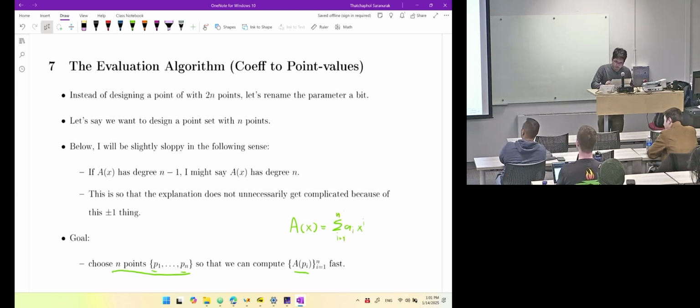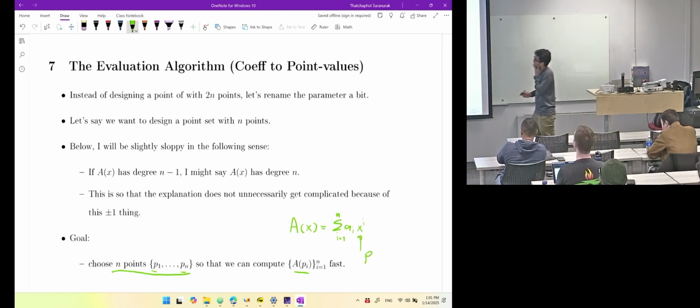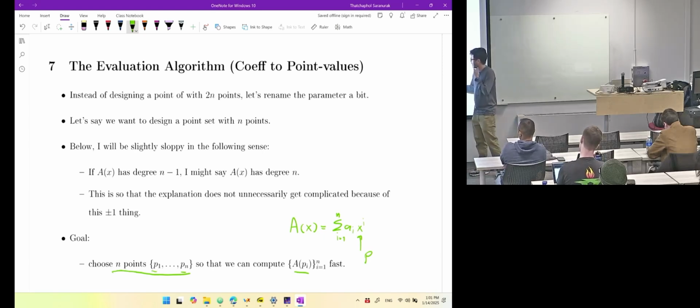If I want to evaluate this when x is some point p, if you do it not carefully, just term by term, each term might take you n operations already, and there are n terms, and that's n squared, so that's bad.